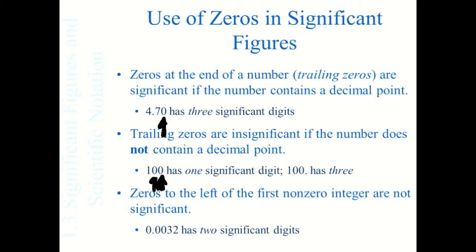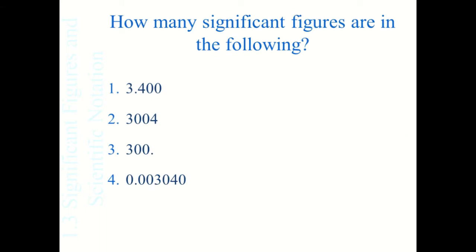Let's look at this. See these 2 zeros right here? I have to determine whether they are significant or not. So I have to ask myself, if I take away those zeros, does it change the value of the number?